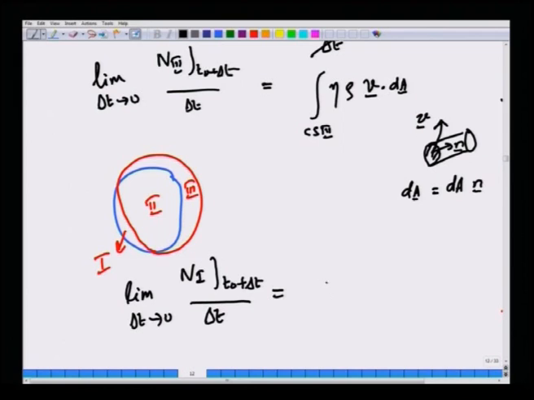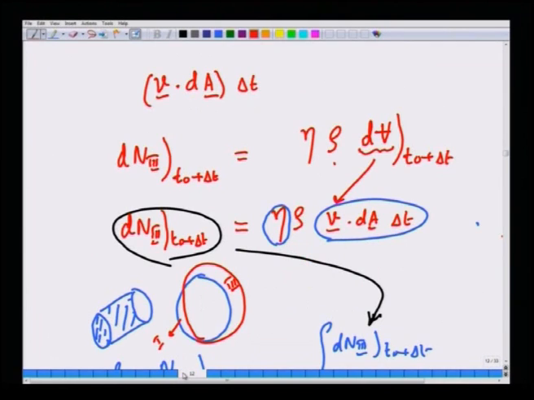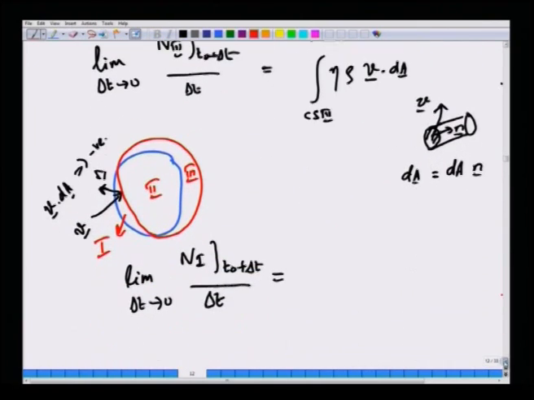Now, the key thing here is that the unit outward normal is in this direction, but we have assumed that the fluid is moving in this direction, so the velocity is in this direction. So, v dot dA will be a negative quantity. But we have already introduced a negative sign in our earlier slide, because we assumed that the system is depleting this volume.